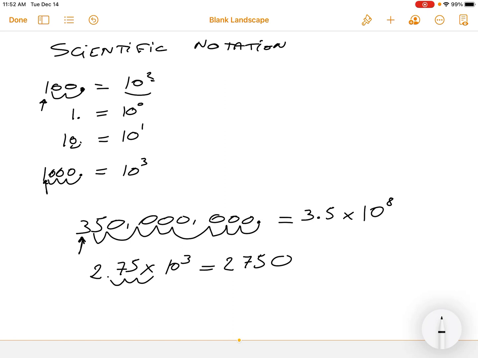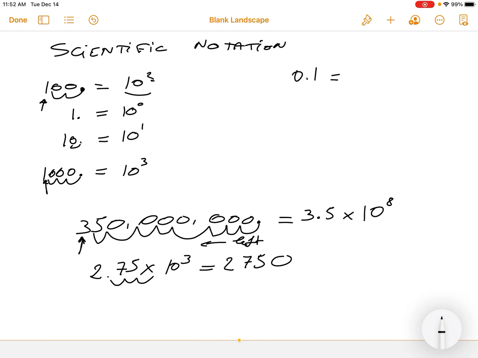Now scientific notation can also be used for small numbers. When you talk about big numbers, the decimal is moved to the left. But if I take a very, very small number, like let's say 0.1, then your decimal is moved to the right.